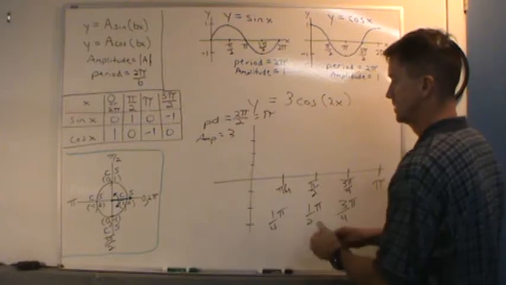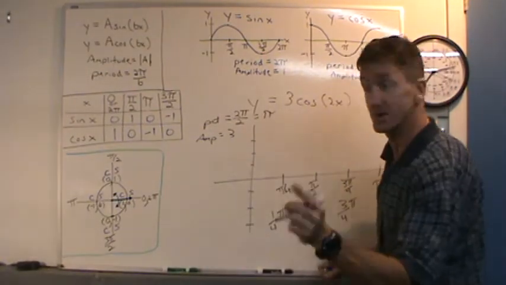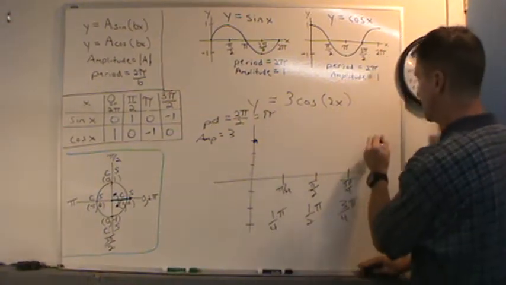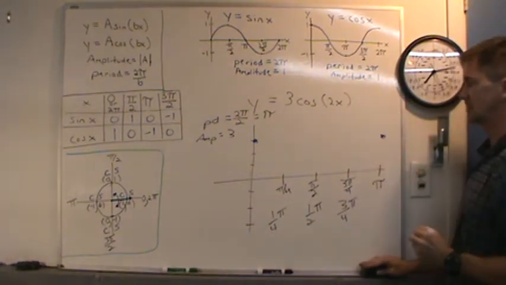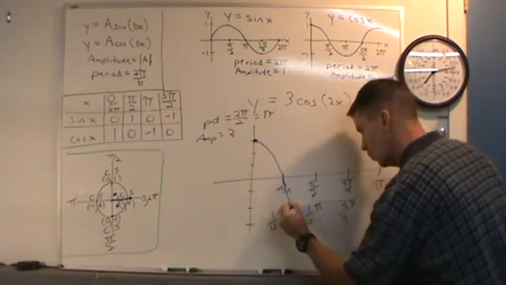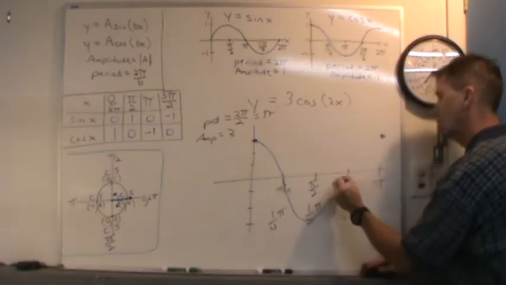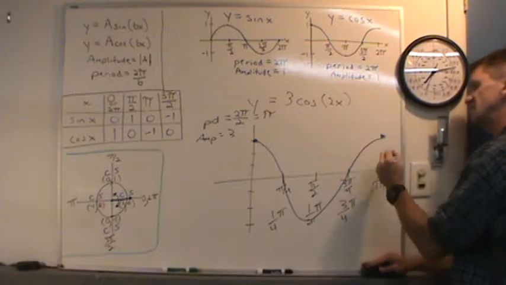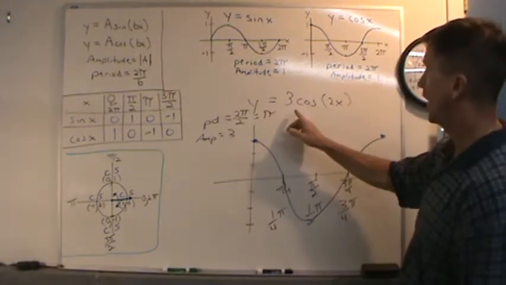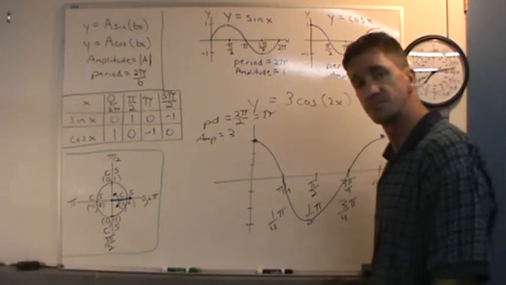Now we'll sketch it. Start here? No, that's a sine curve. This is the cosine curve, so it starts up here, right? And it's going to finish up here for that 1 cycle. And just come down, whoop, whoop, whoop. It's a nice smooth curve. That's 1 period of y equal to 3 cosine 2x.